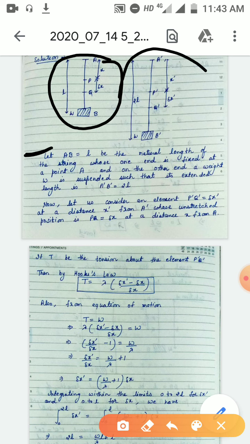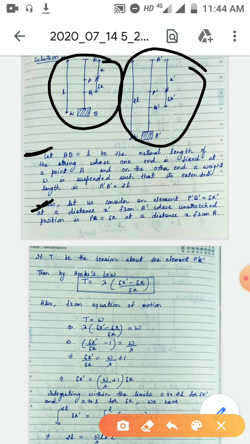According to the question, we have to show that the modulus of elasticity is equal to the force which will extend its length to twice its length. So the extended length is taken as 2L.